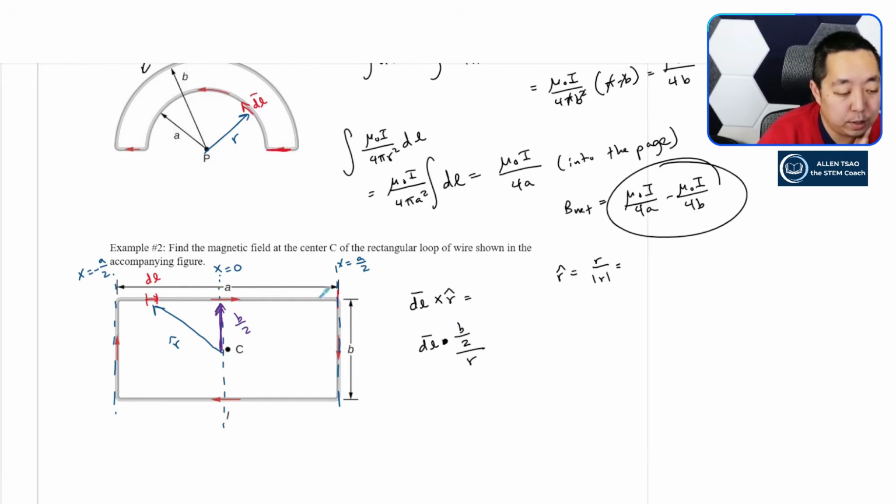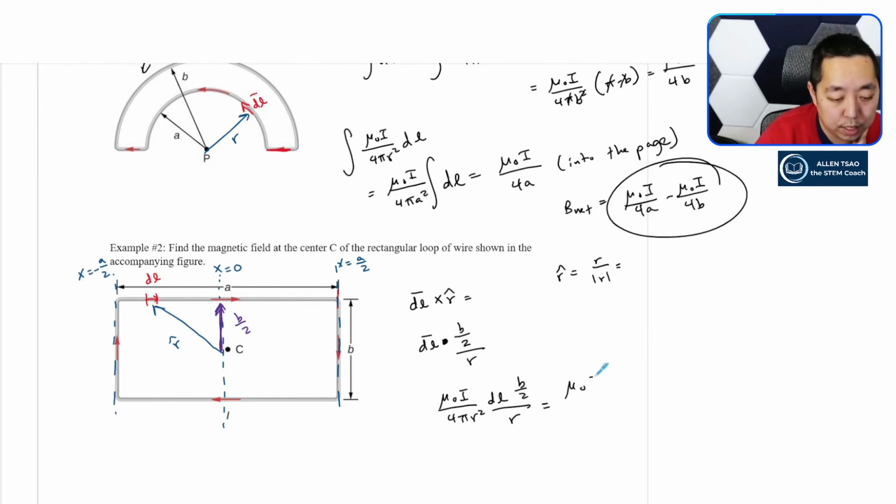I only care about the part that's perpendicular to the dL, which is going to the right, divided by the length here. So when we do this, mu naught I over 4 pi r squared, and then the dL cross r hat is going to be dL b over 2 all over r like this.